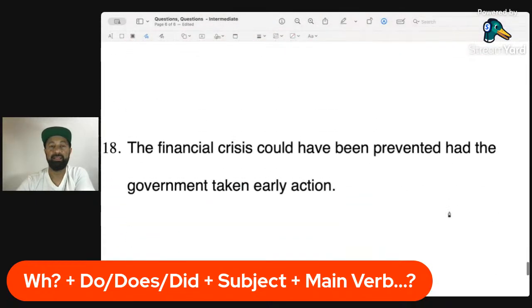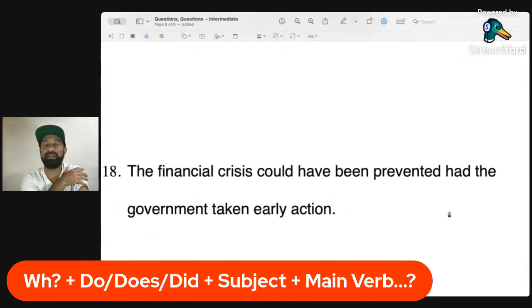Okay, number 18. The financial crisis could have been prevented had the government taken early action. All right, what do we answer here?